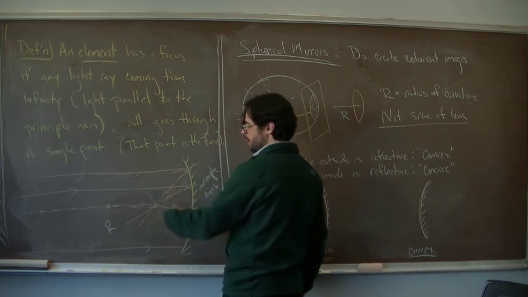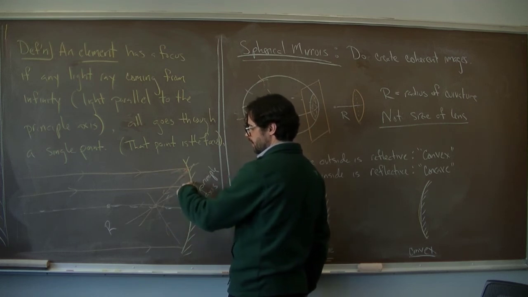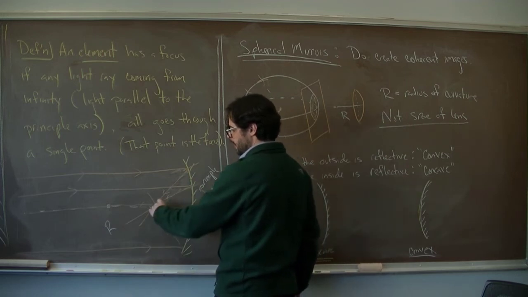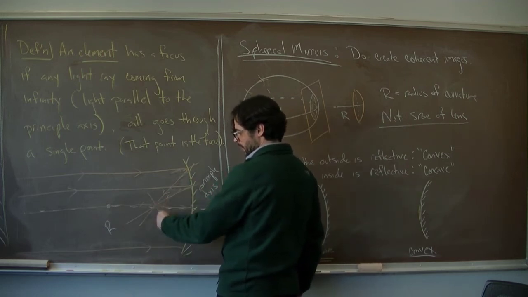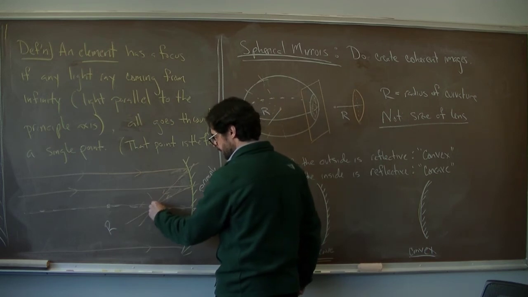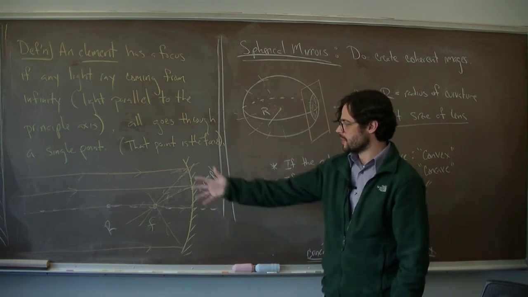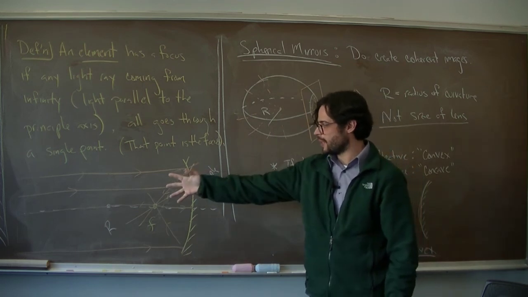So at least qualitatively, you can see that as this thing comes closer and closer towards the principal axis, the angle is going to be shallower and shallower and shallower, and it's going to all be approximately the same spot. So this is a focus. A focus is defined to be if I have all these light rays coming in from infinity, they'll pass through the focus.